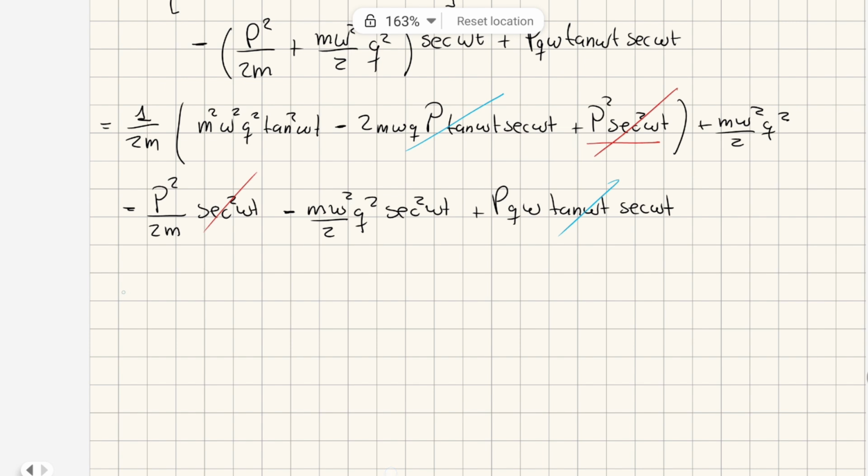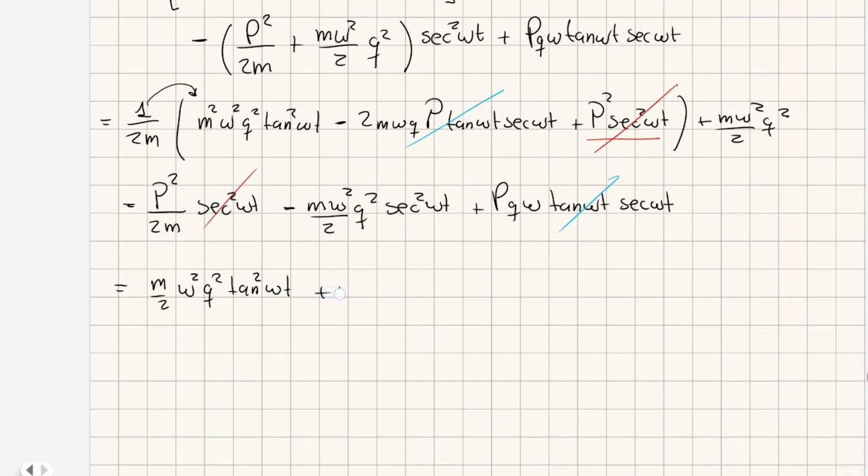Perfect, so we are going to get that, and if we multiply this element with this, we are going to get m divided by 2 omega squared q squared tangent squared omega t plus m omega squared divided by 2 q squared minus m omega squared q squared divided by 2 secant squared omega t.